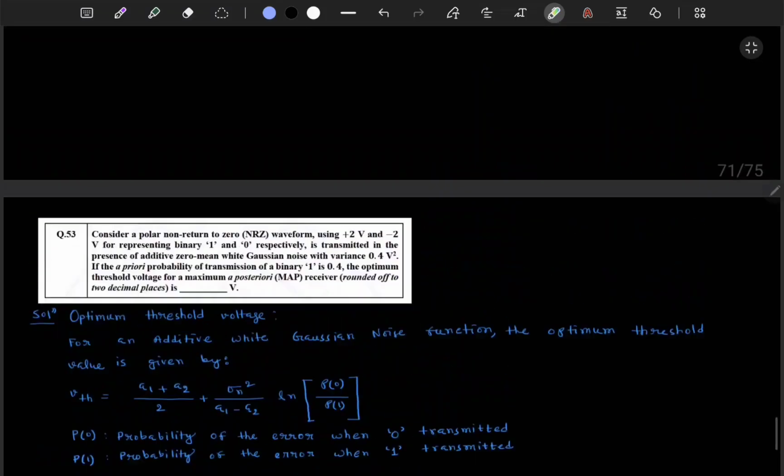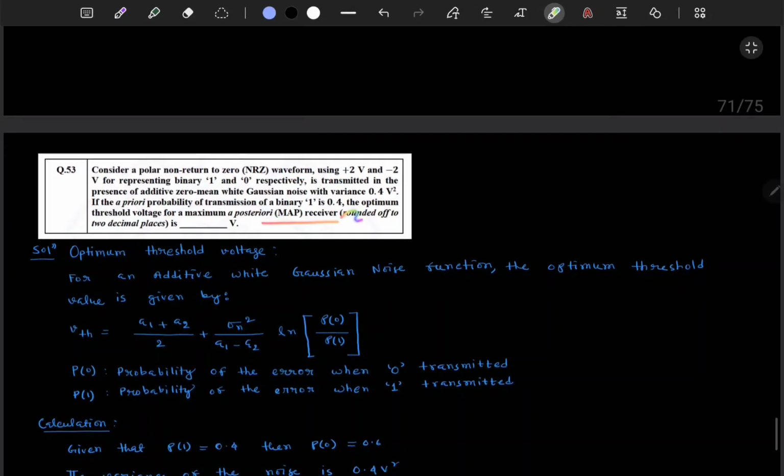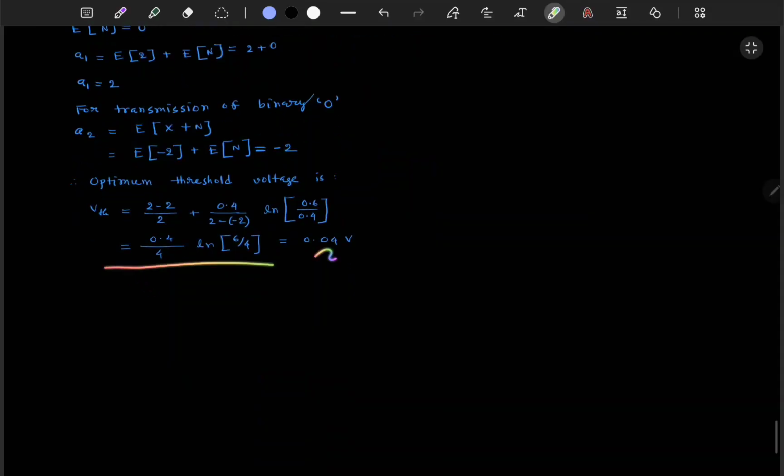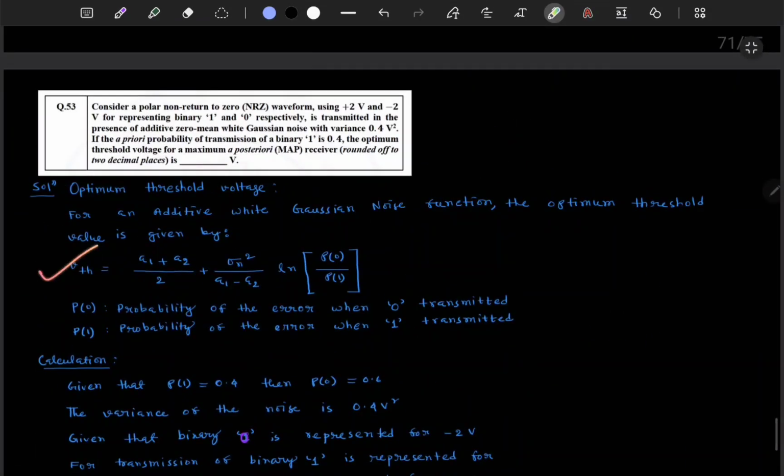We need to remember this formula for the polar non-return to zero waveform, to calculate the optimum threshold voltage for maximum a posteriori. In this type of question, we actually need to remember this formula.